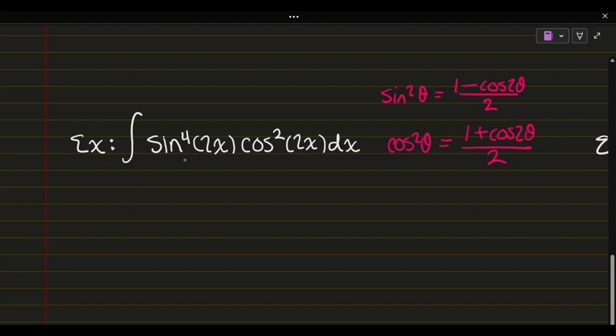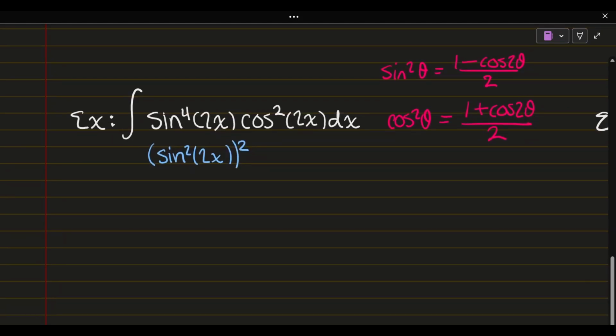So we can rewrite this sine to the fourth as sine squared of 2x, squared, right? And then we notice that our theta here, the argument of sine and cosine, is 2x. So 2 theta will equal 4x here.